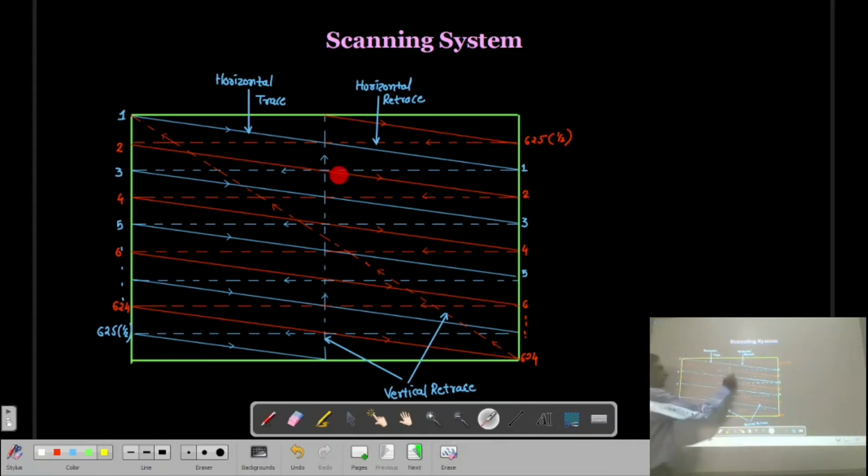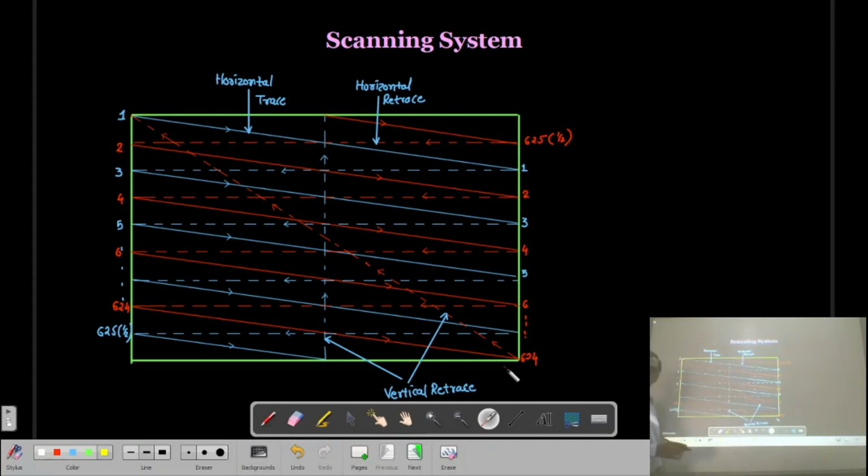After this vertical retrace, it will start the even number of lines. First it will finish the 625.5, and then it comes back for line number 2, then line number 4, line number 6, and the last line will be 624. This is the position of the electron beam.